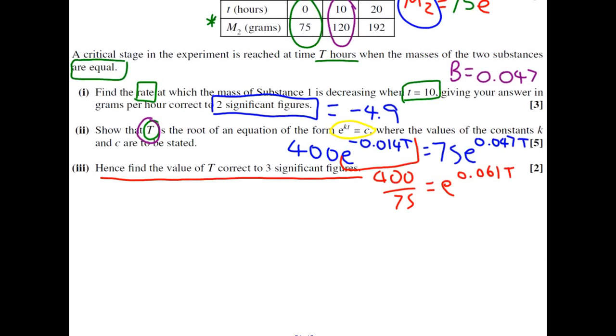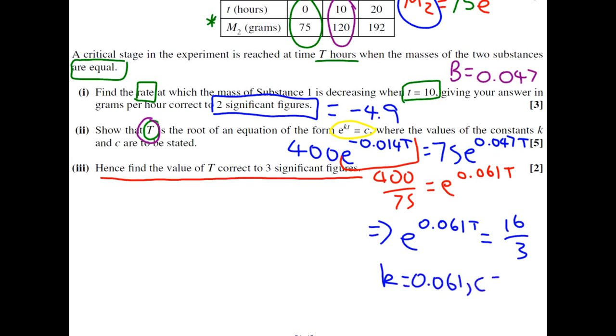So to give this expression, we just do 400 divided by 75 on our calculator, and we get the answer that e to the 0.061t equals 16 over 3, aka k equals 0.061 and c equals 16 over 3. They're the unknown constants from the question.